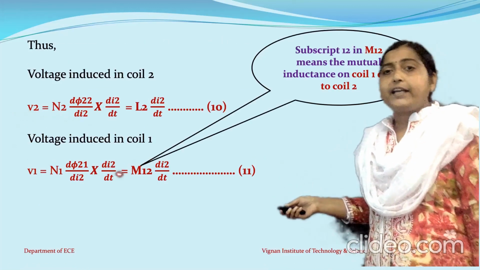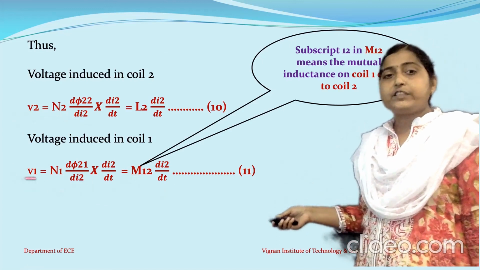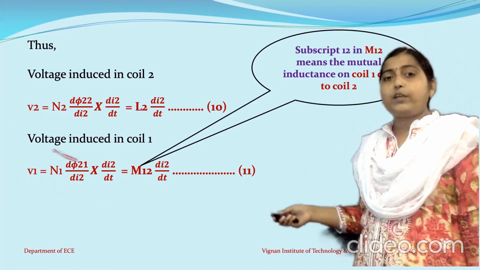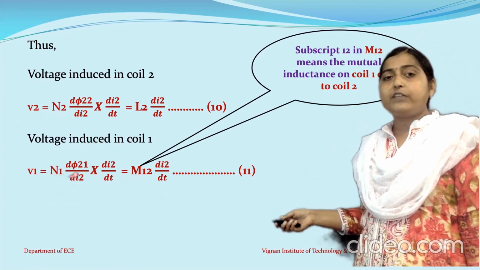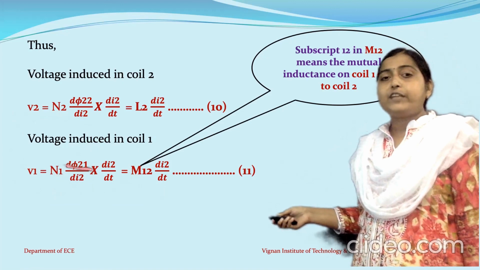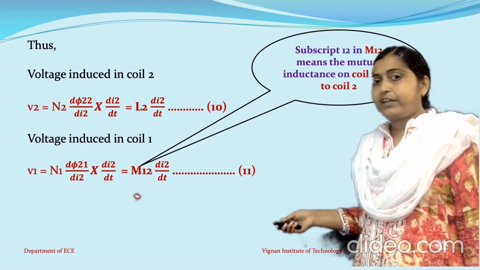Again using Faraday's law, the voltage induced in the first coil because of the second coil is given by the number of turns in the first coil, N1, multiplied with d phi 21 by di2, multiplied with di2 by dt.